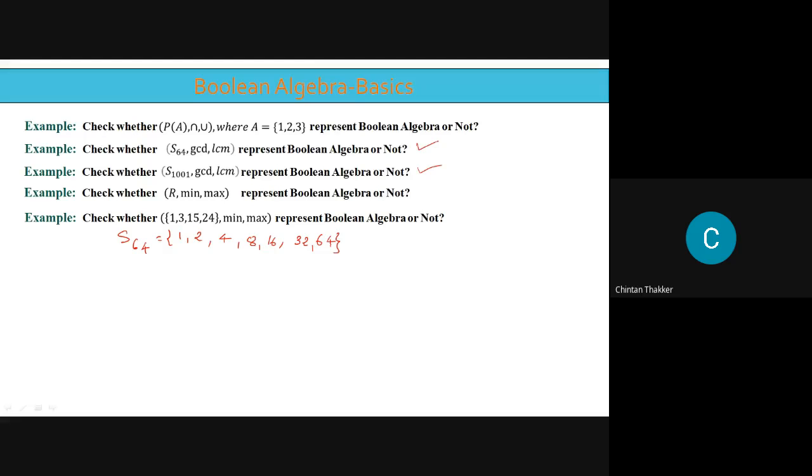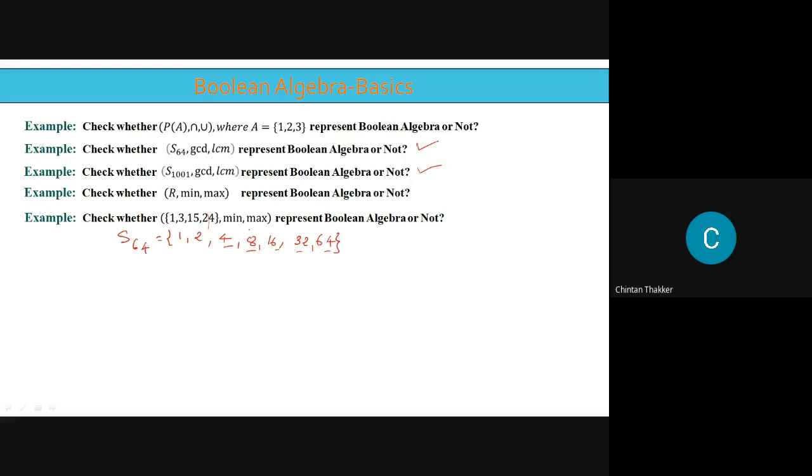Now we have the same problem as in S12. These are all multiples of 2. So if we take the GCD of any of these elements with 2, the GCD is 2, not equal to 1.